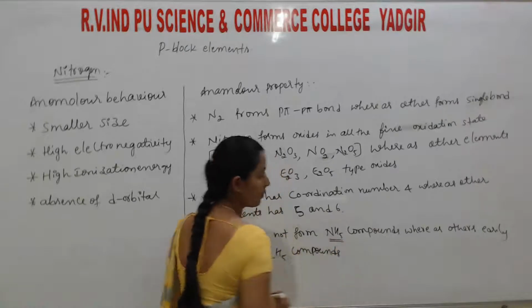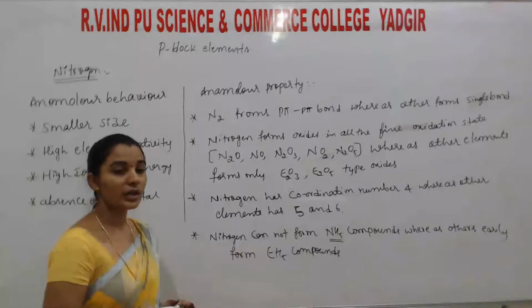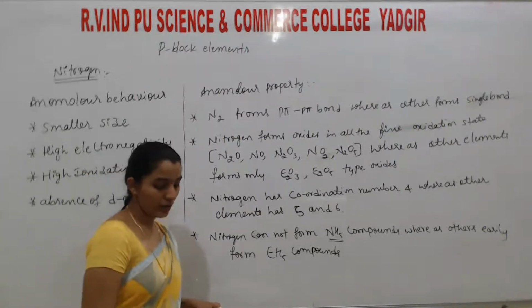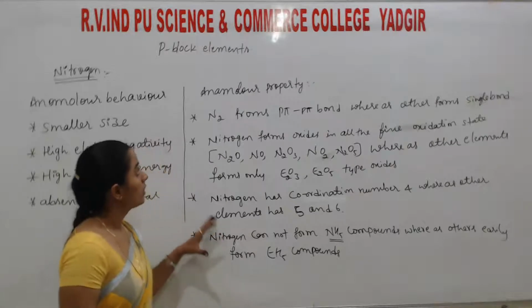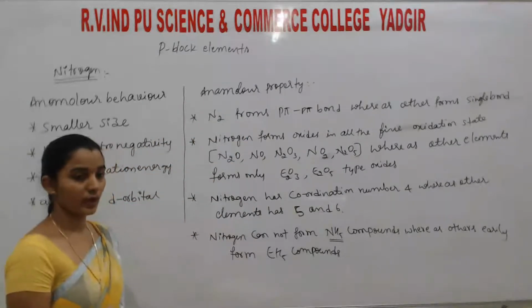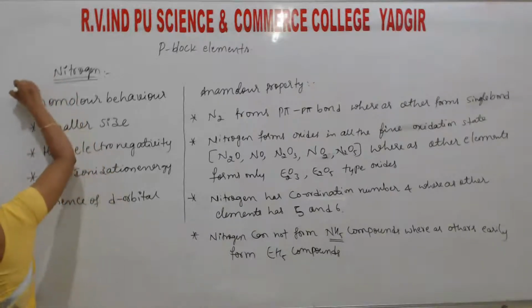Why didn't it form NH5? Again the same reason, absence of d orbital. So these are all the anomalous properties of nitrogen. Understood? This is the anomalous reason, this is the anomalous behavior.